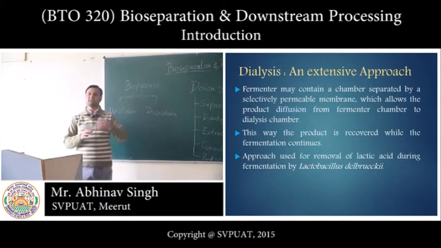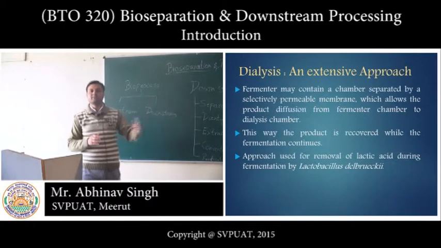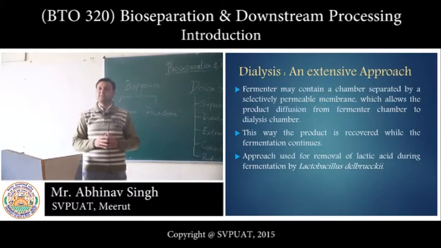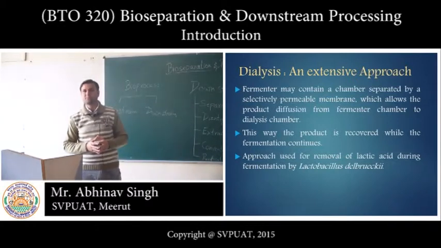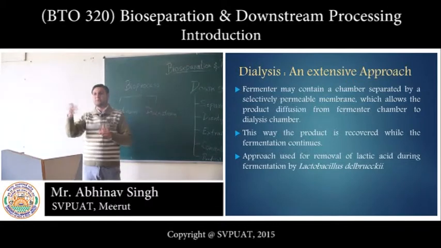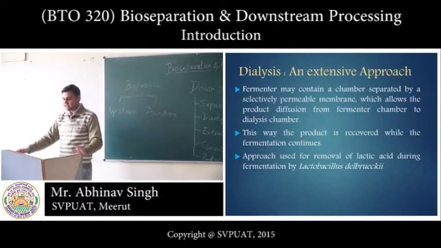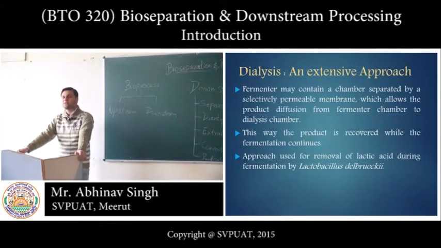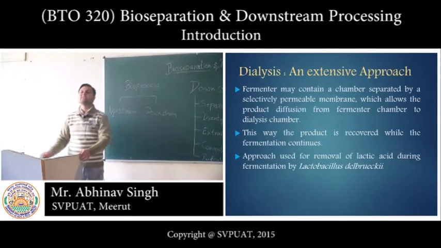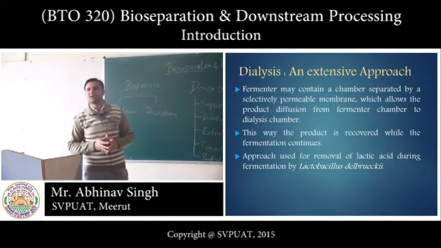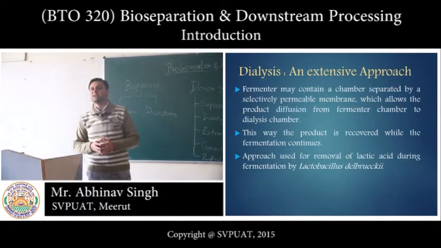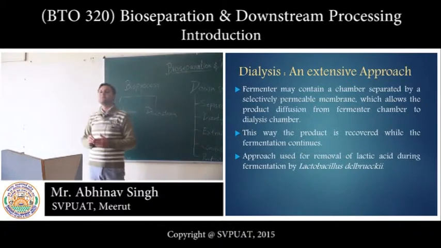The product is being purified and separated side by side, and the fermentation is also proceeding, so fermentation along with separation goes on continuously. This approach can be used for the removal of lactic acid during fermentation by Lactobacillus species, and it has been used in the industrial production of lactic acid.